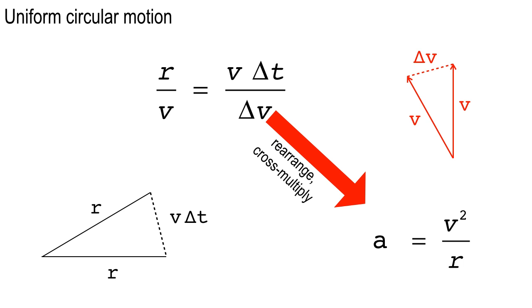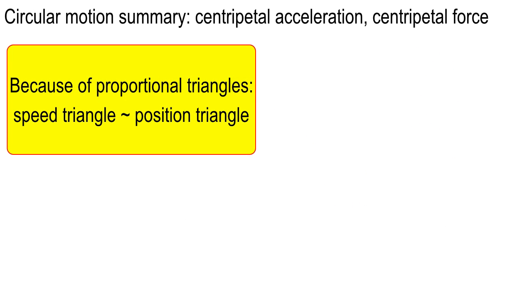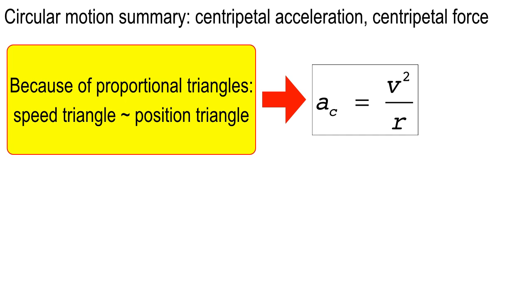And that, my wonderful students, is the formula for centripetal acceleration. Right, so let's go to this next page. Because of proportional triangles, in other words, the speed triangle proportional to the position triangle, we have this formula for the acceleration. Now spell that carefully.